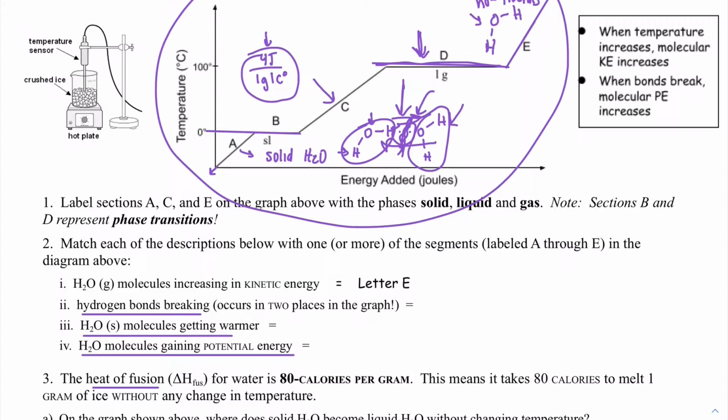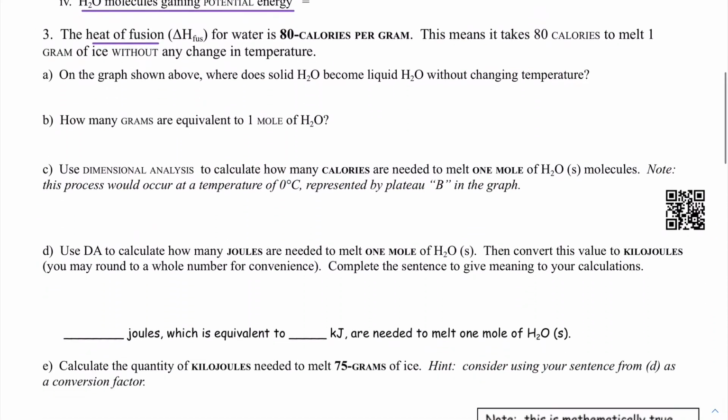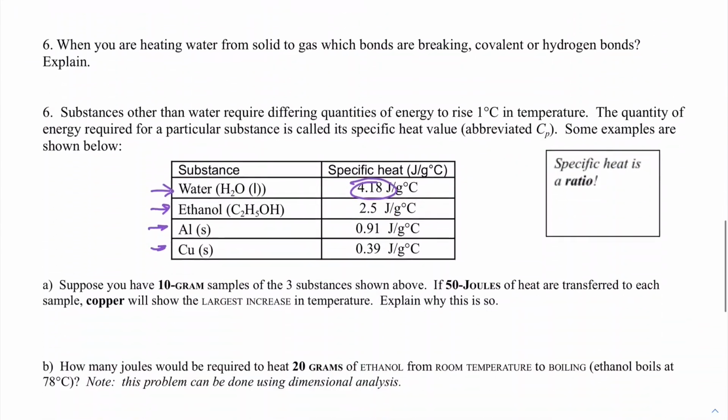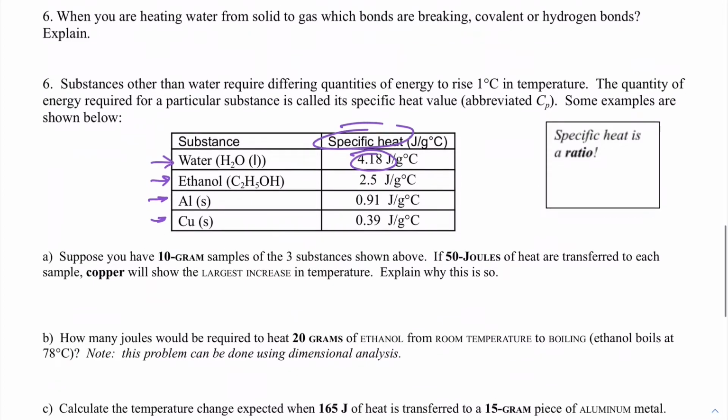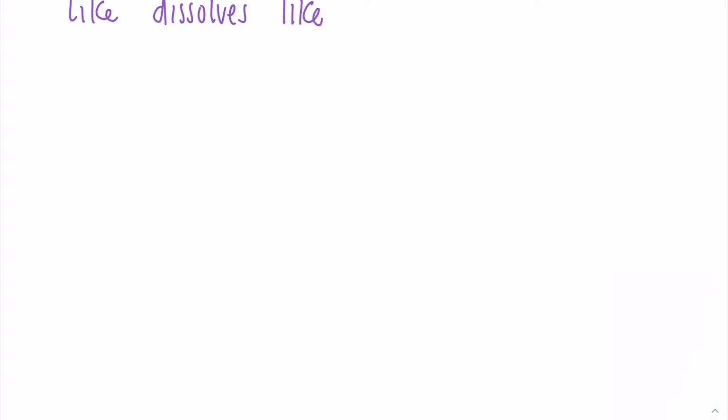The properties of intermolecular bonding that go on between molecules really influence various things about the molecules. For instance, their specific heat and their physical properties and their chemical properties can really be influenced by the intermolecular forces. Additionally, there's this concept that I'd like for you to understand. Like dissolves like.